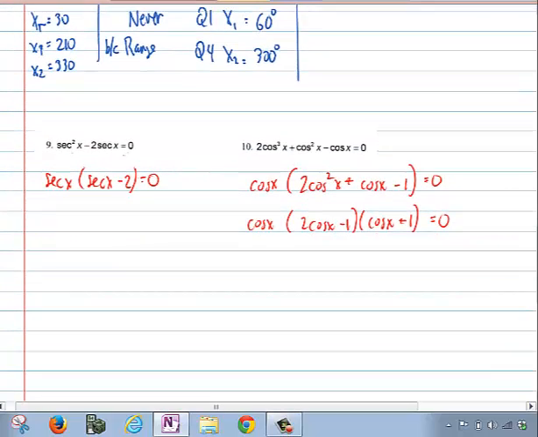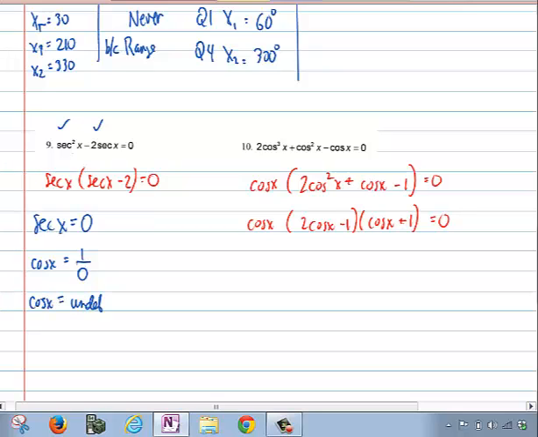The last two problems have the secant of x. We have two terms, so we factor out the greatest common factor. Secant of x is equal to 0. That means the cosine of x is equal to 1 over 0 by the reciprocal relationship, which means cosine of x is undefined.